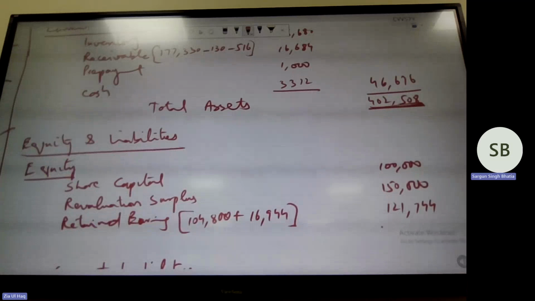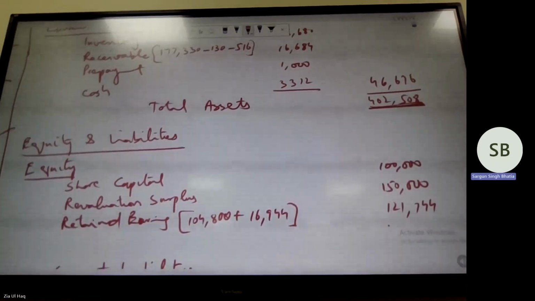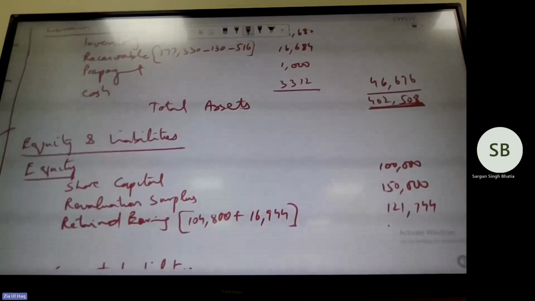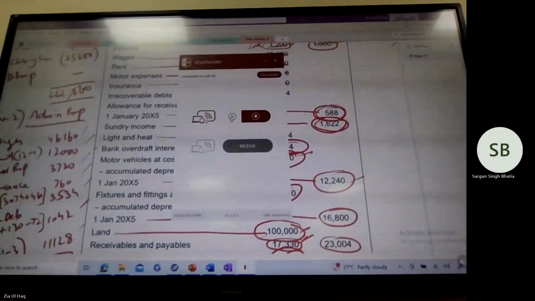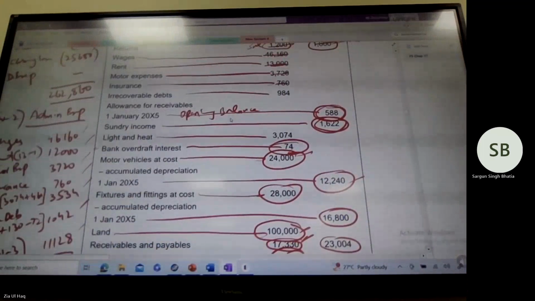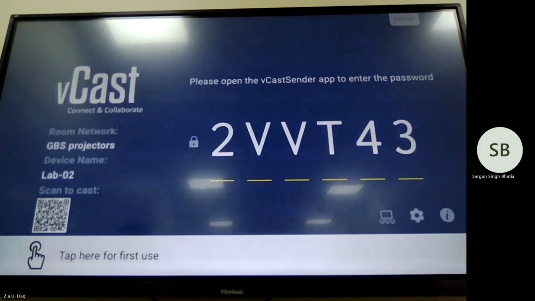Sir, the screen is frozen. It's still not working. I don't know what the issue is with my laptop or with the system. It keeps getting stuck again and again.